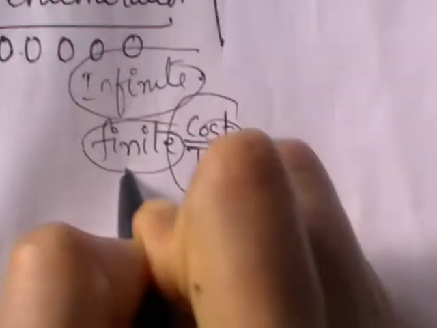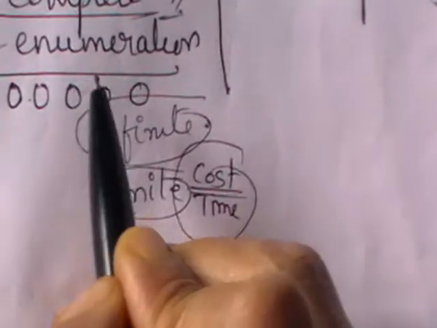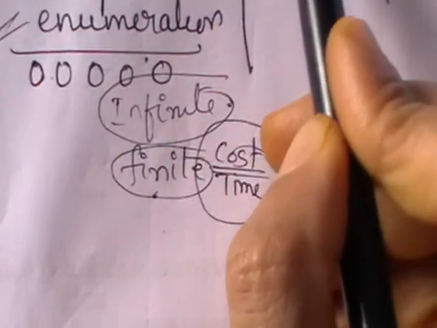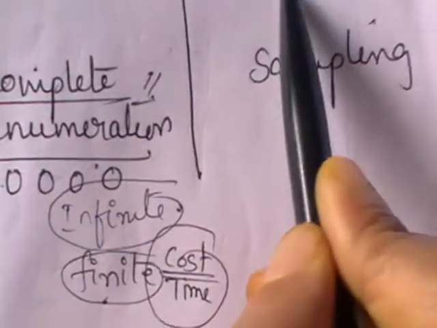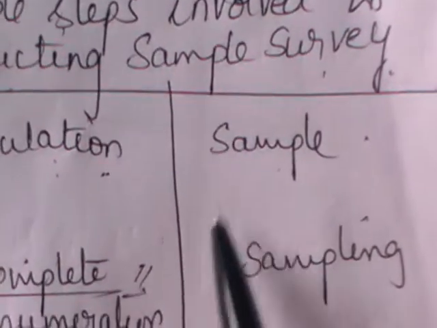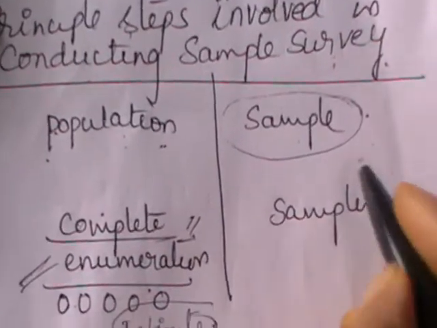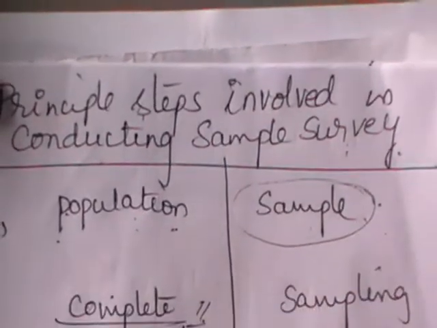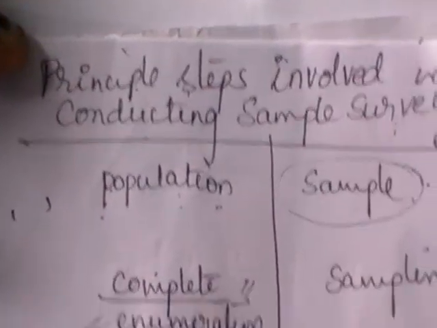So even though the population is finite, we cannot go for complete enumeration. In such cases, we collect a subset from the population, which is called a sample, and the study regarding the survey is done on this sample, and conclusions are drawn based on it. That is what we discussed in the previous class.